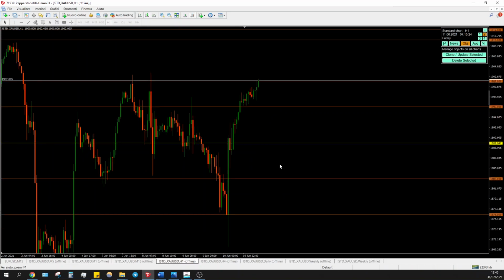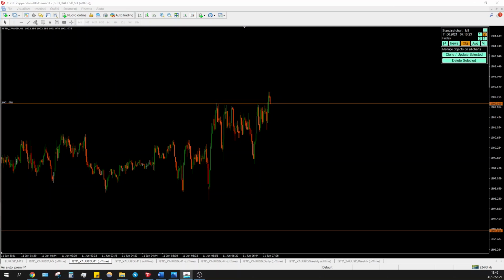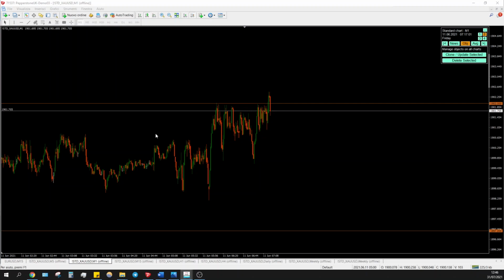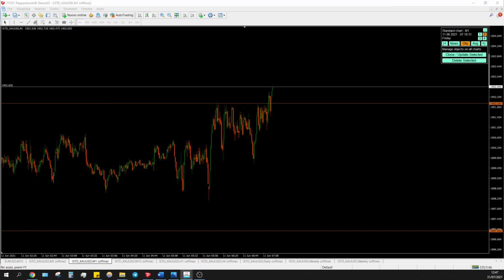Did it make a lower wick already? No, you see no lower wick on the hourly candle, because it started here and pushed already. So now we are breaking. Let's see the retest of the key level. It's failing, so it's going back into the range, traveling back up.